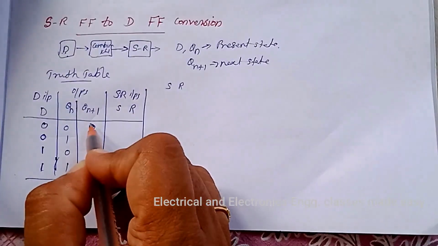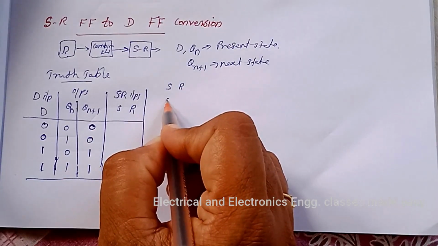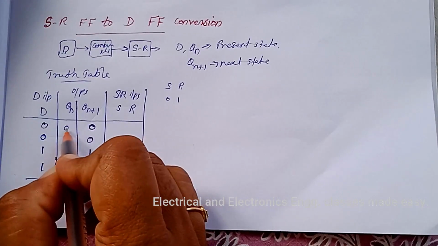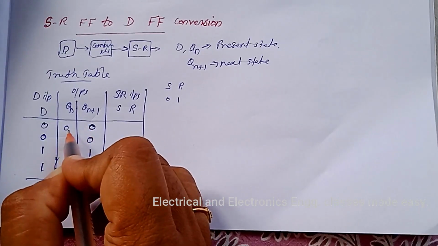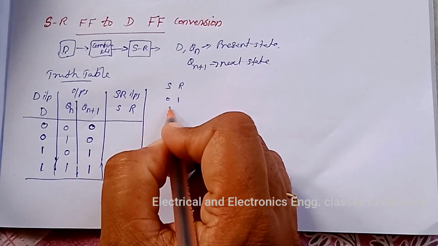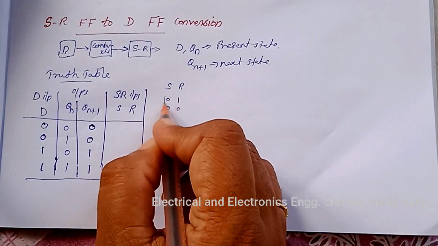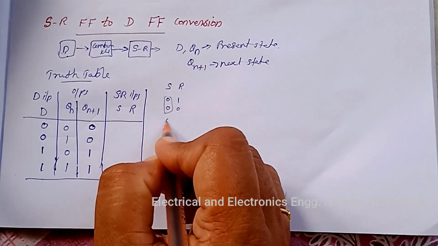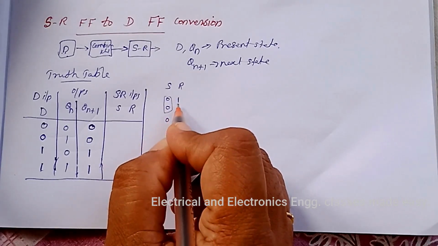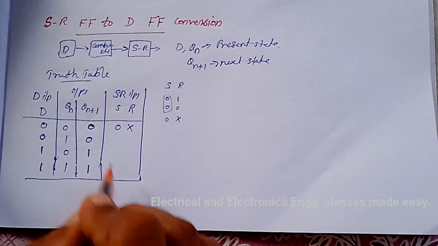To obtain 0 as the output, the SR combinations are 0 and 1. And here while checking these two outputs, there is no change. No change means SR inputs are 0 0. So here we get 0 and don't care. Don't care means either 0 or 1. So we can write 0 don't care.